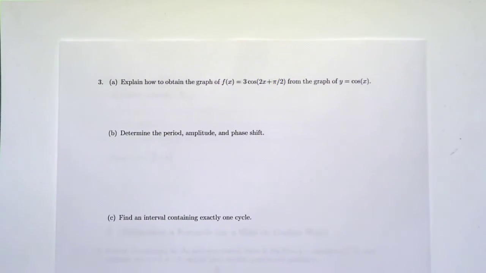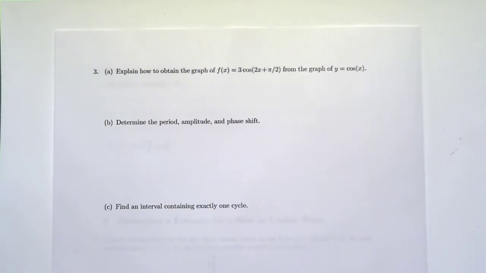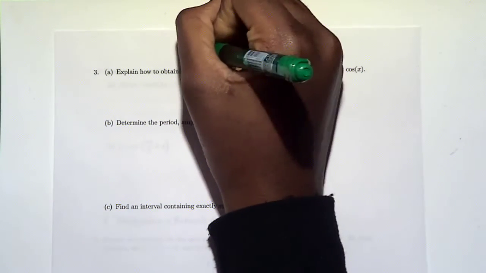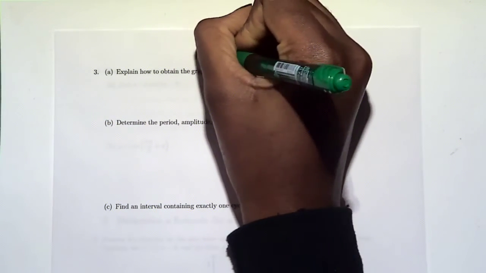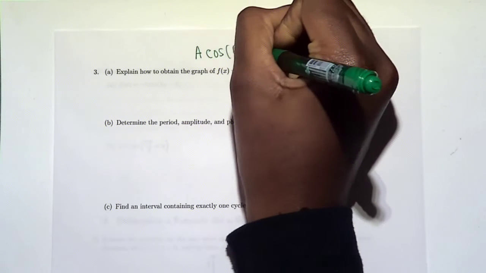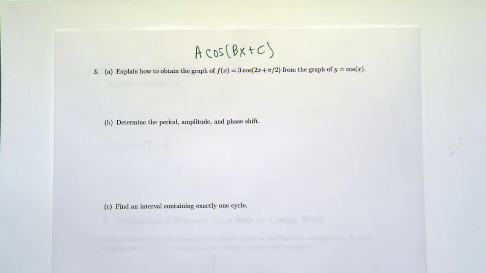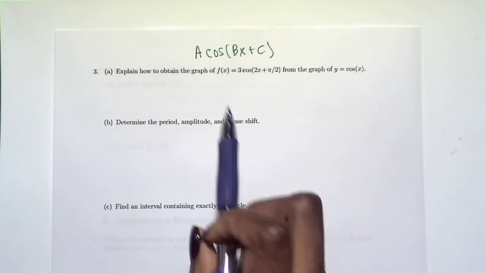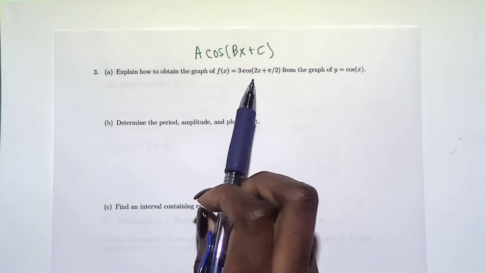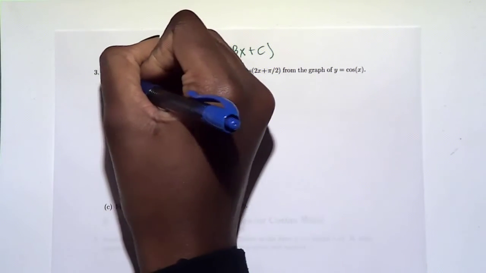All right, so this one's a little more complicated. This time we're using cosine. So let's remember all of our graphs are going to look like A cosine bx plus c. All right, let's talk about how this graph, 3 cosine 2x plus pi over 2, is different from the graph of y equals cosine of x. Well, this 3 here means we're going to stretch vertically.